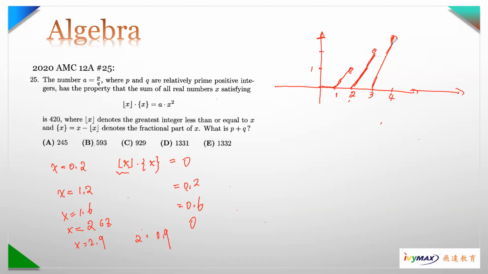But what about if x is negative? So far, I only considered x as positive, right? If x is negative, take for example x equal to -0.2. In that way, the first part should be the integer less than that, so -1, times the fractional part.